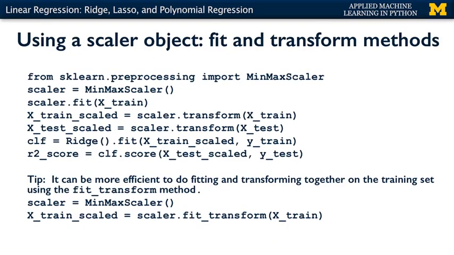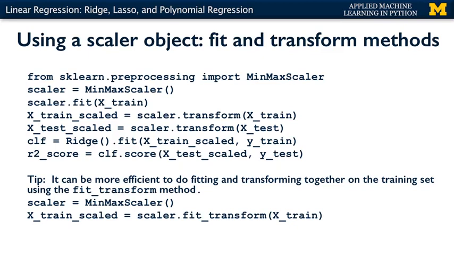To apply min-max scaling in scikit-learn, you import the MinMaxScaler object from sklearn.preprocessing. To prepare the scaler object for use, you create it and then call the fit method using the training data, X_train. This will compute the min and max feature values for each feature in this training data set.